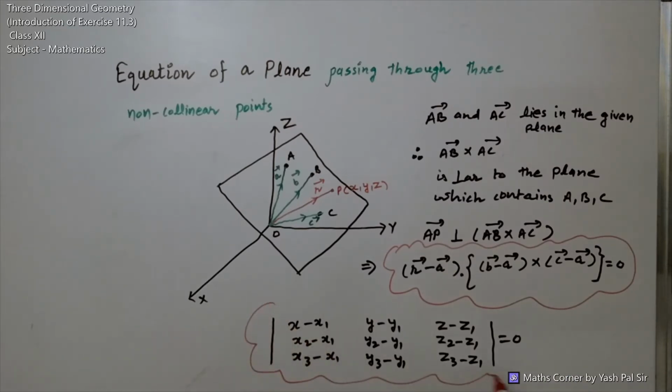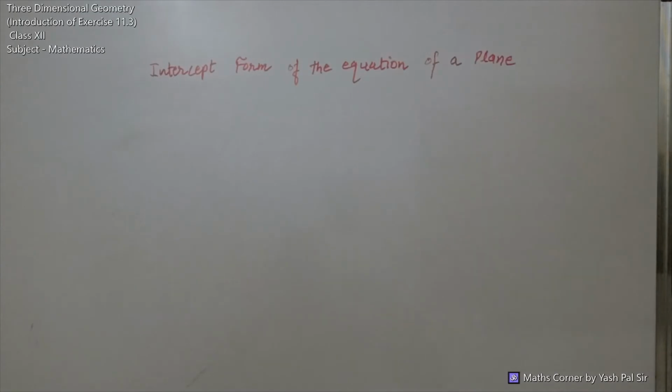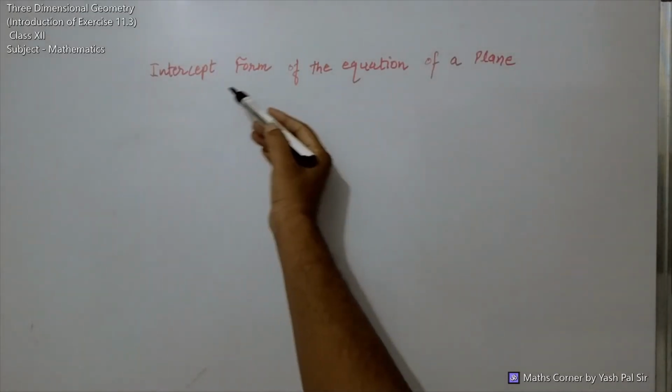So this is the Cartesian form of the plane which passes through the 3 known collinear points.